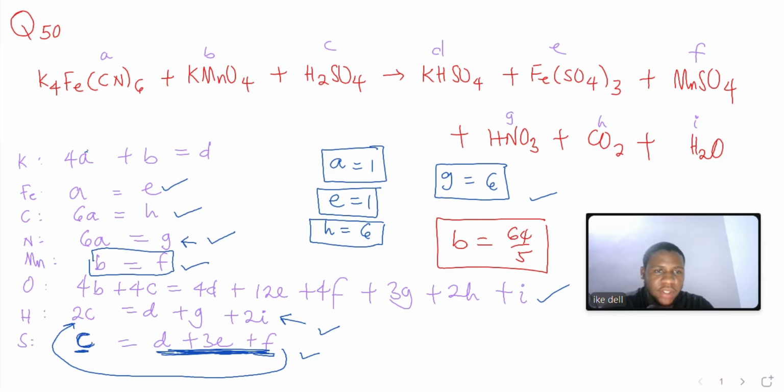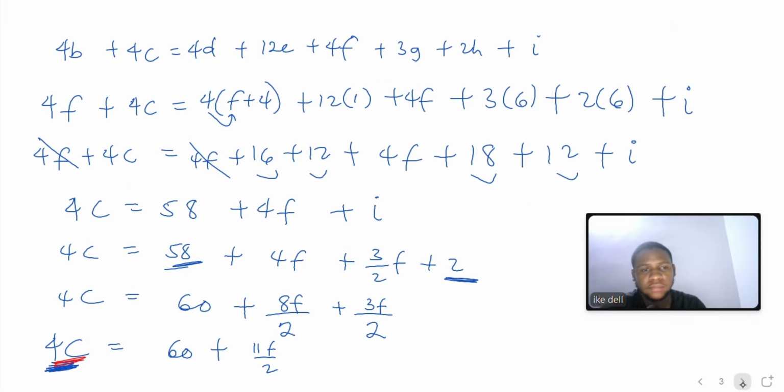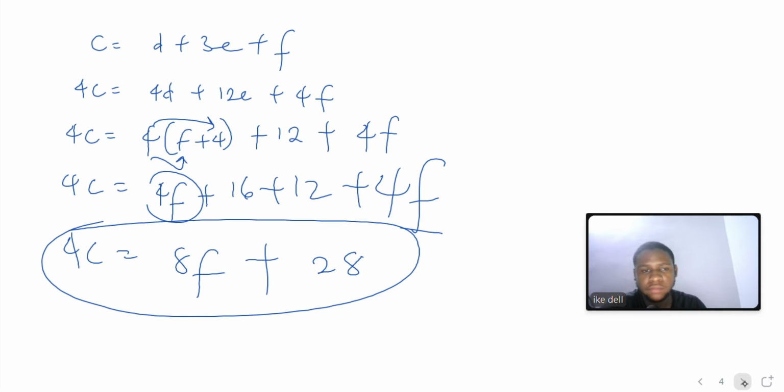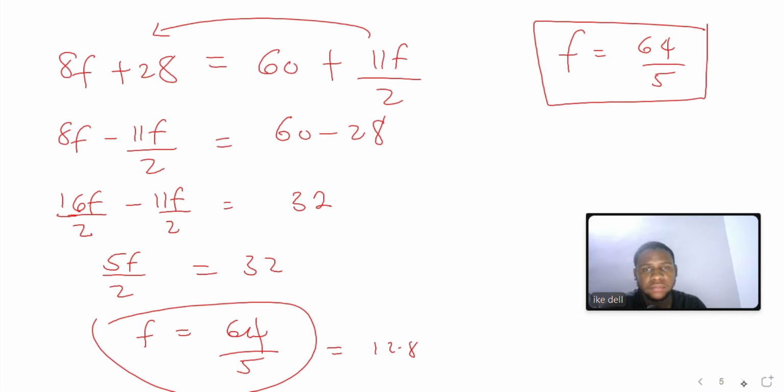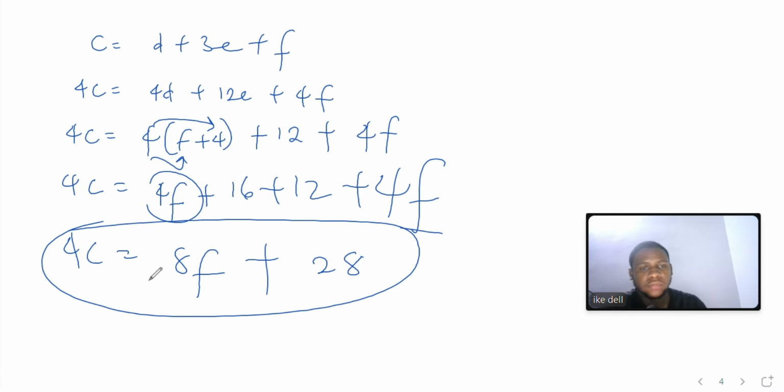C is supposed to be D plus 3E plus F. So let's work it out. Or you can use this one here. So it means that C is equal to 8 over 4F plus 28 over 4. So we'll use that. 8 over 4 is 2.